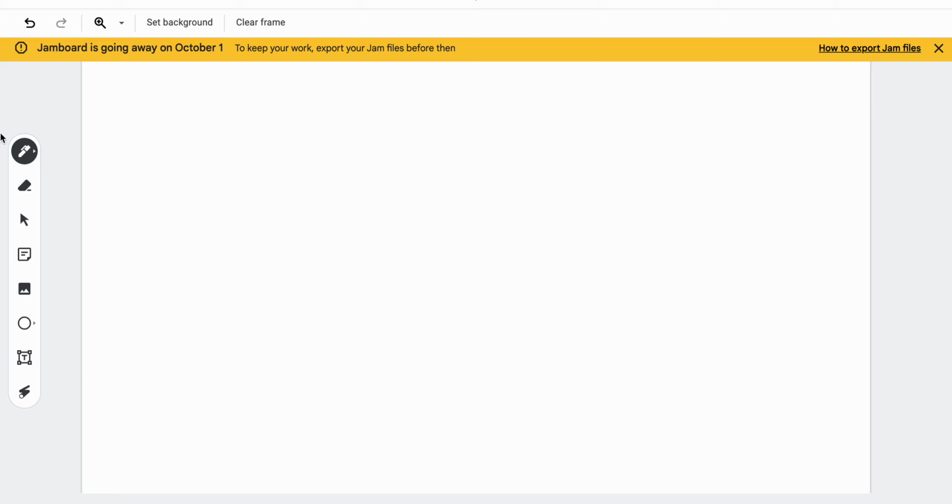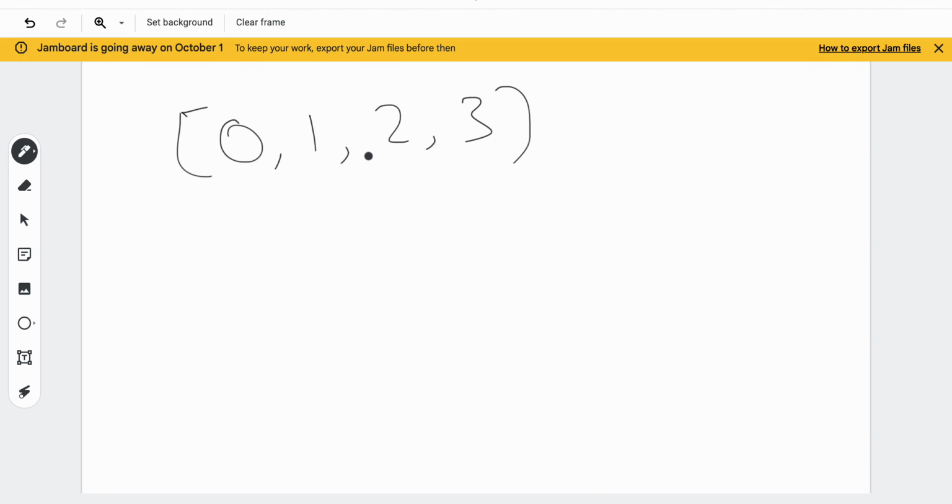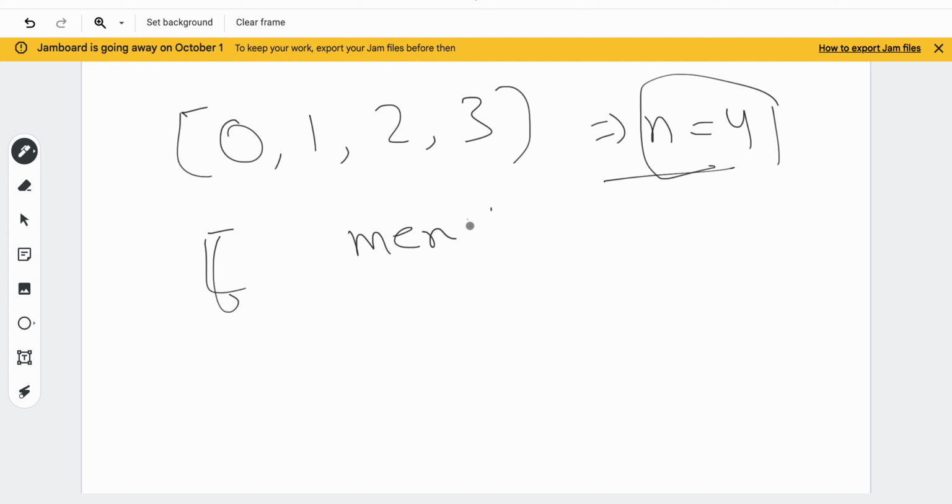So suppose we have n elements, 0 1 2 3, so a number can belong to 0 to n only, which means n here is 4. The maximum number that can be present in the array is 4, not more than 4. So first we have to understand that the maximum possible max of any array can be n.